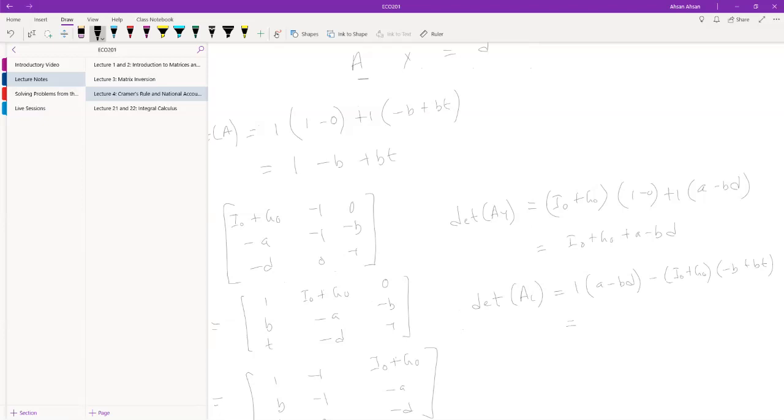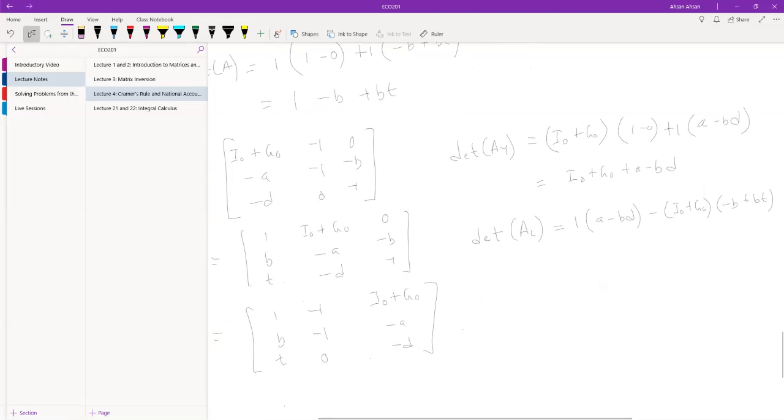So if I simplify here, I'm going to get A minus BT. Well, I'll just keep it in this form for the time being, and I'll simplify it later.